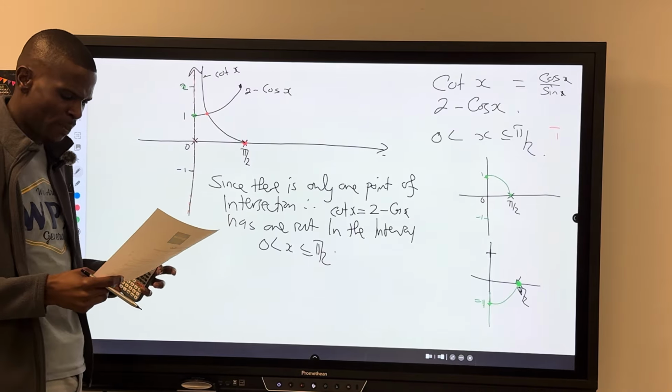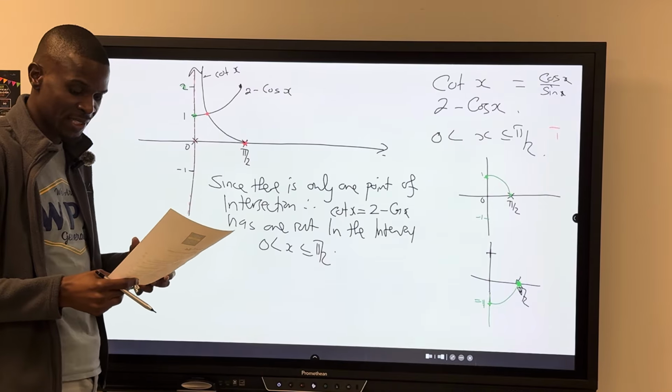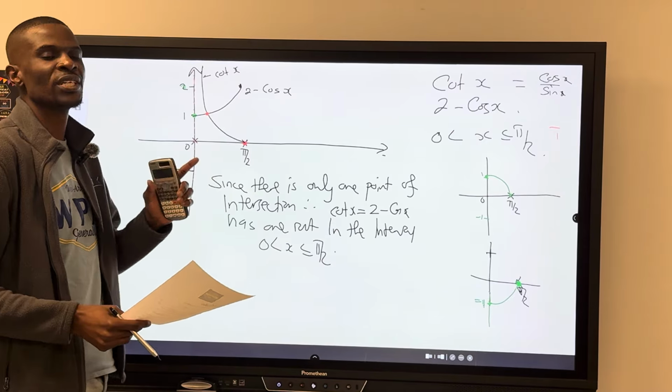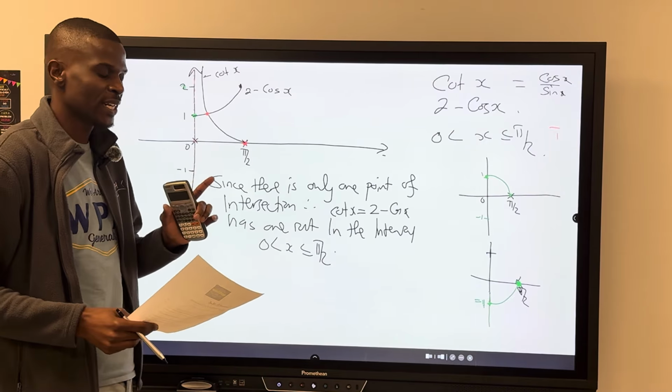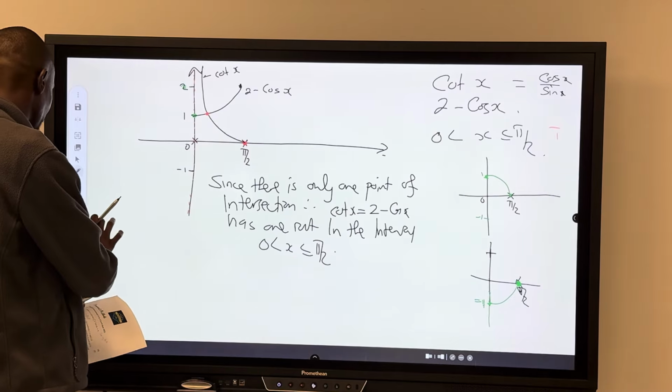Then we need to show by calculation that the root lies between 0.6 and 0.8. So we are using the intermediate value theorem. But since we are dealing with trig functions, you need to change your calculator mode to radians.